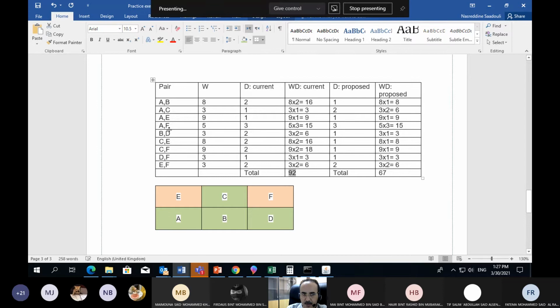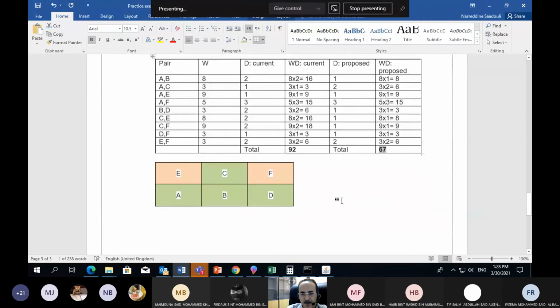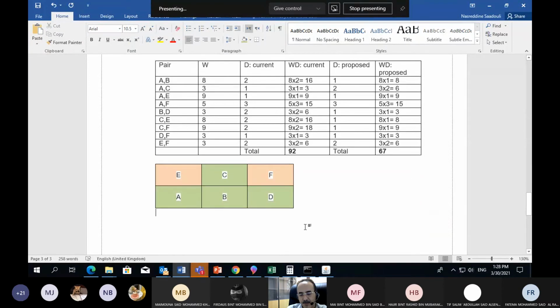These are the total scores for the 2 plans. And therefore, which plan is better? Proposed layout. Correct. The proposed layout is better because, why is it better?